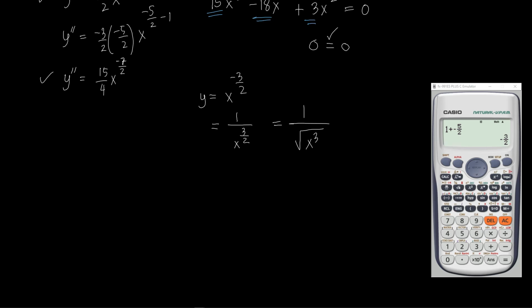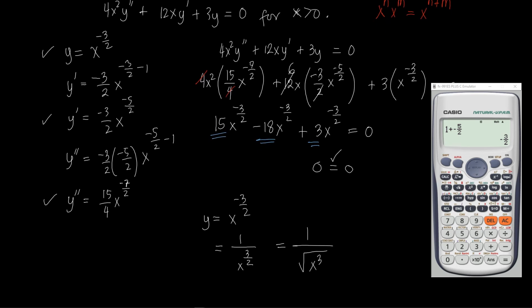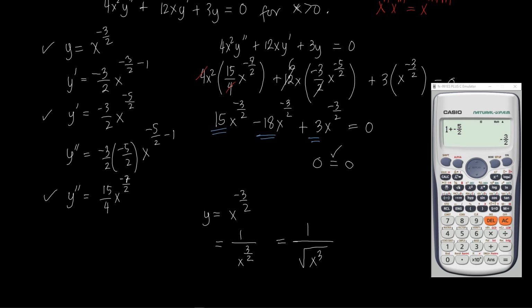Now, if ever na 0 yung ating x, diba? What if 0 ang ating x? So, if 0 ang ating x, ano yung mangyayari sa ating function na y? Magiging 1 over 0. Okay.